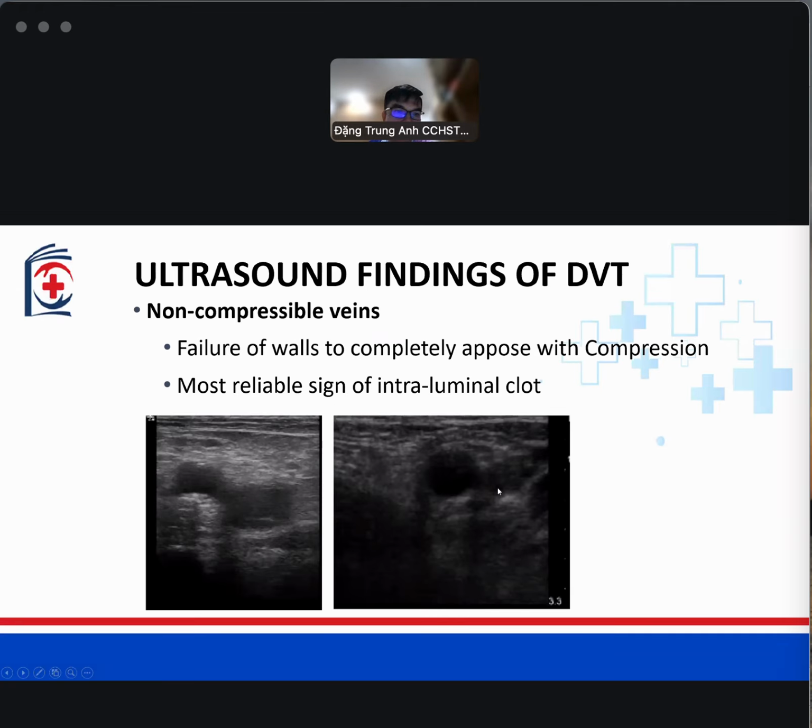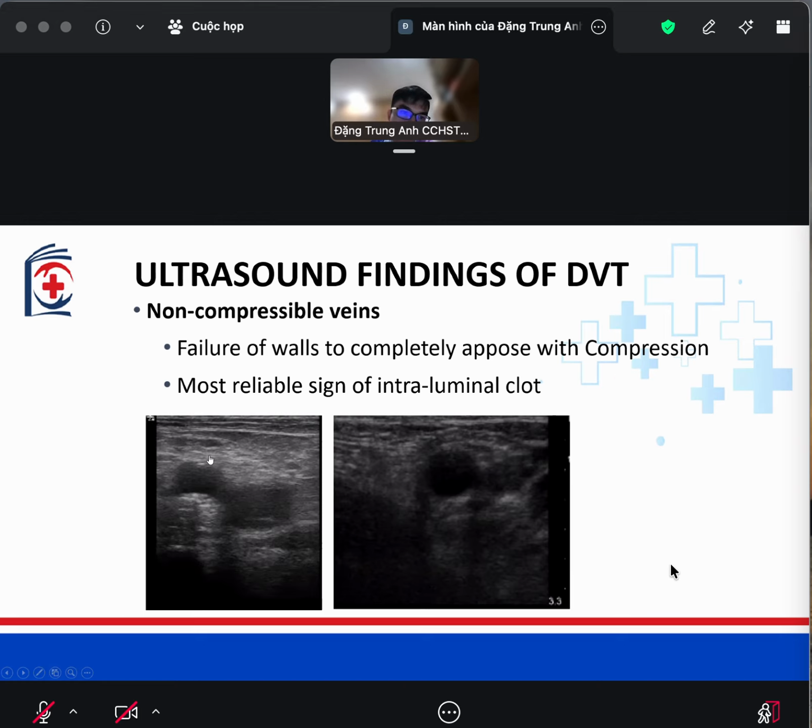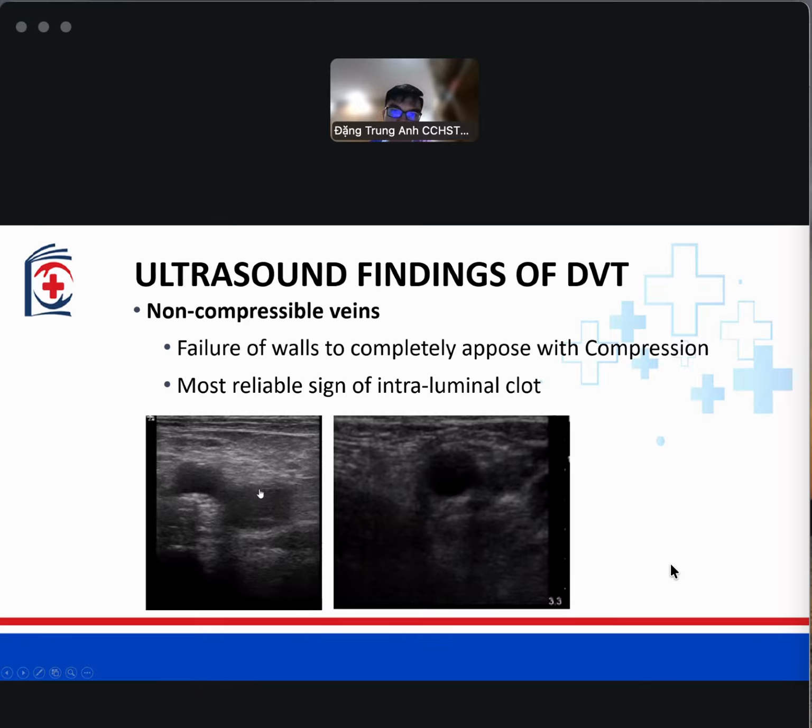Firstly, the non-compressible vein: the wall of the vein fails to completely oppose with compression. So we apply compression at the position, and we see that the vein cannot collapse to oppose together.